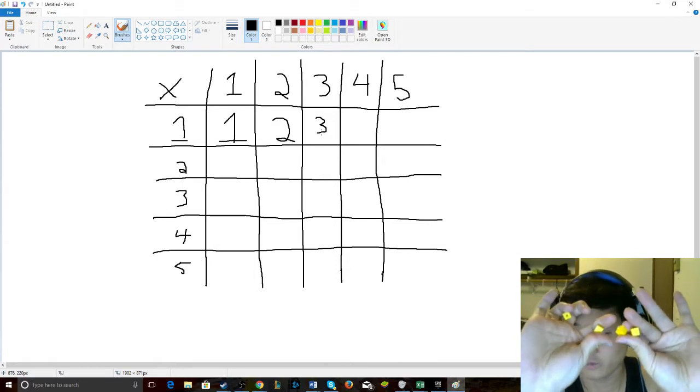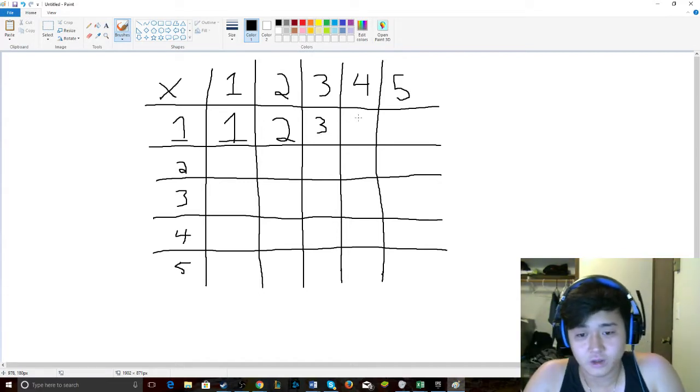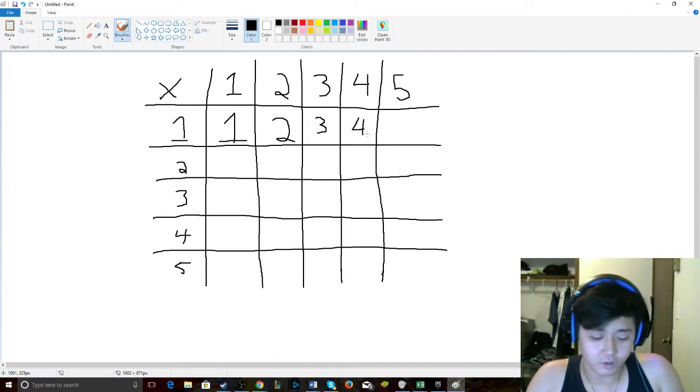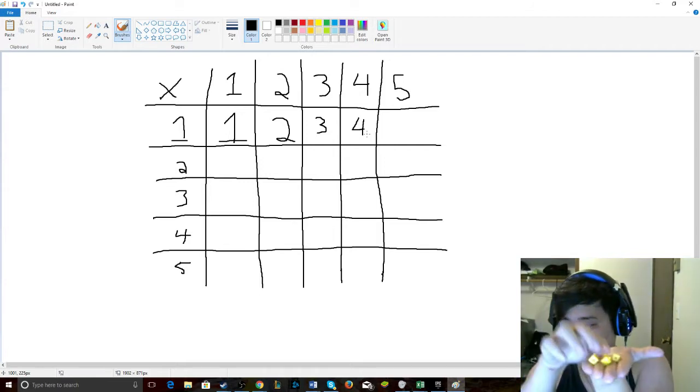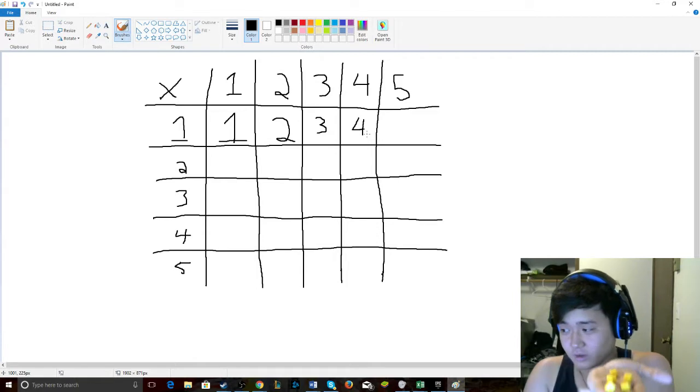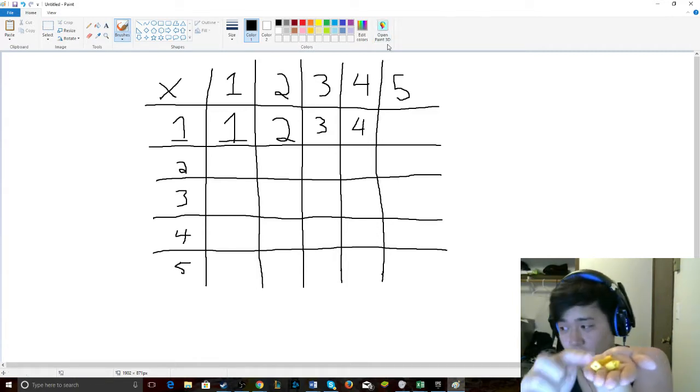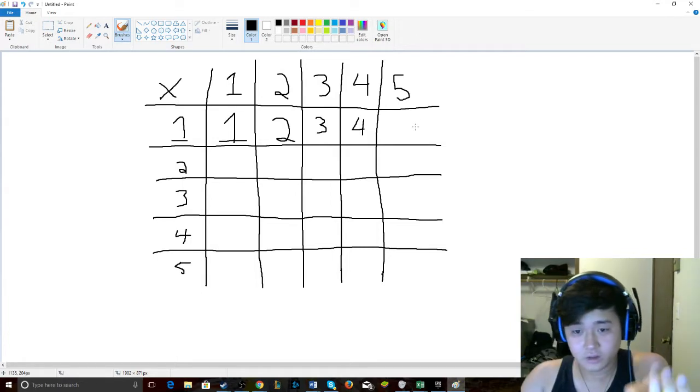So we have 4 yellow blocks total. And that would make that a 4. And now, with 5 blocks of 1, we would have 5 total blocks. 1, 2, 3, 4, 5. So that would be 5 here.